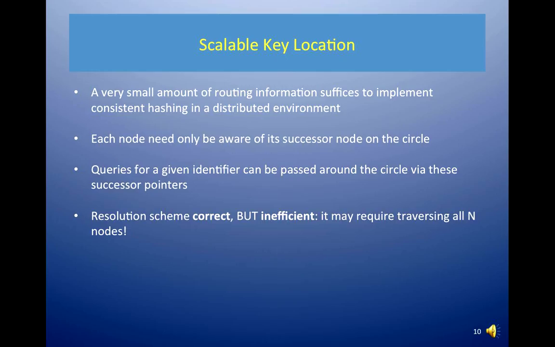But there is a big problem, which is efficiency. That's the whole point we started with. It might take big O of n messages in the worst case to map the key to the location: node 0 goes to node 1, node 1 moves to node 2, then node 3. So the authors came up with a more efficient lookup mechanism.